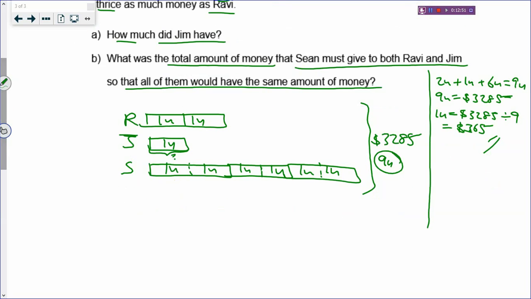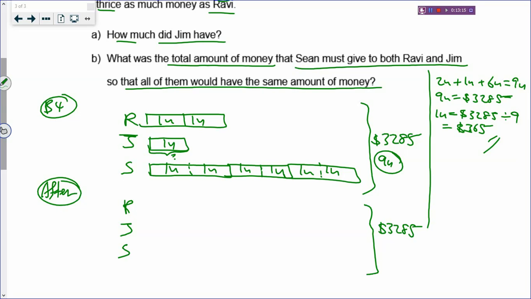Now, if this is a before model, then how are we going to draw the after model? So lesson here: if you think that the problem is a before and after, then you can draw a before and after model. So the after model will be like this. Every one of them is going to have the same amount. And of course, the total is still the same, which is 3,285, and the total units is still the same, which is 9 units.